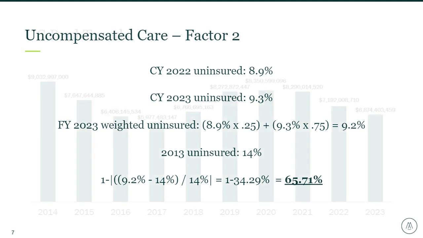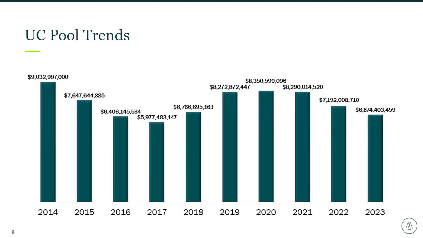And so then, getting to the final UC pool calculation, you apply that 65.71% to that $10.4 billion Factor 1, to derive an uncompensated care pool of $6.874 billion. And that will be distributed to approximately 2,400 hospitals.